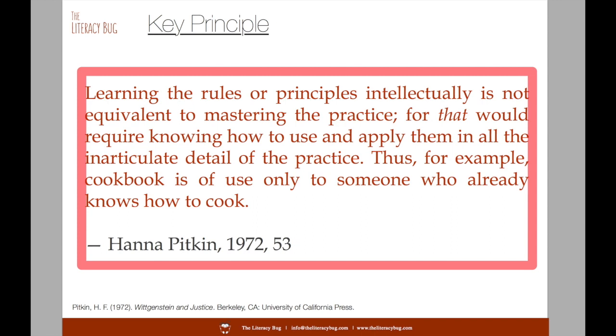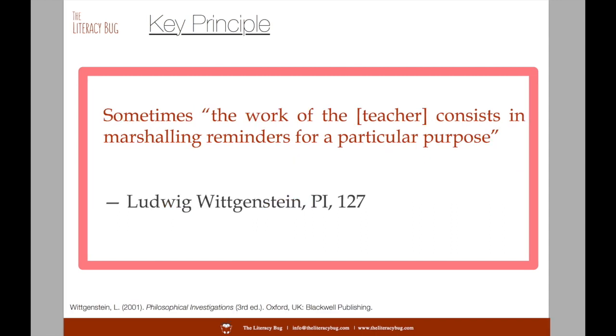Or in other words, I feel that sometimes the work of the teacher consists of marshalling reminders for a particular purpose. In many ways, I expect many of the people who are watching this video to already know what is contained in it. This is more just providing some reminders and saying, what you know in the back of your head is true, that we need to balance the development of these skills.